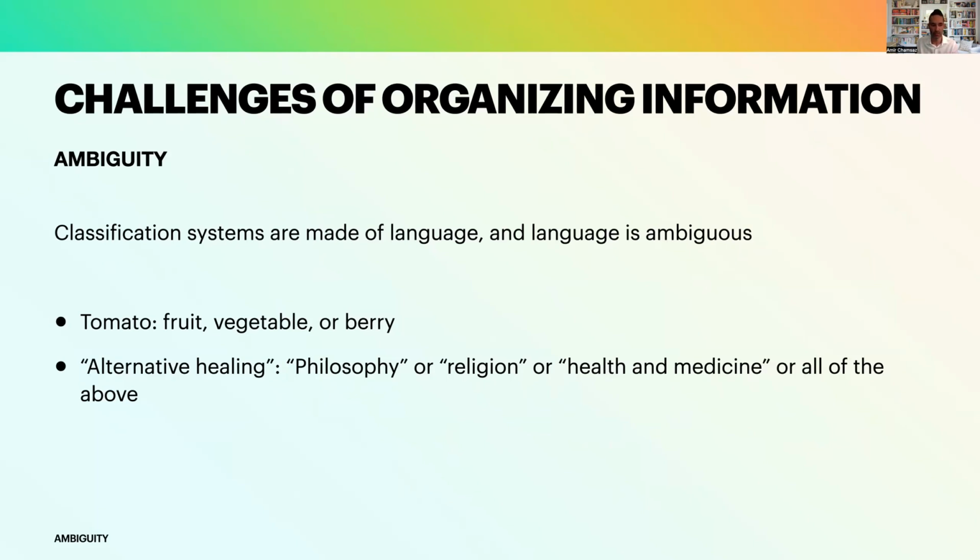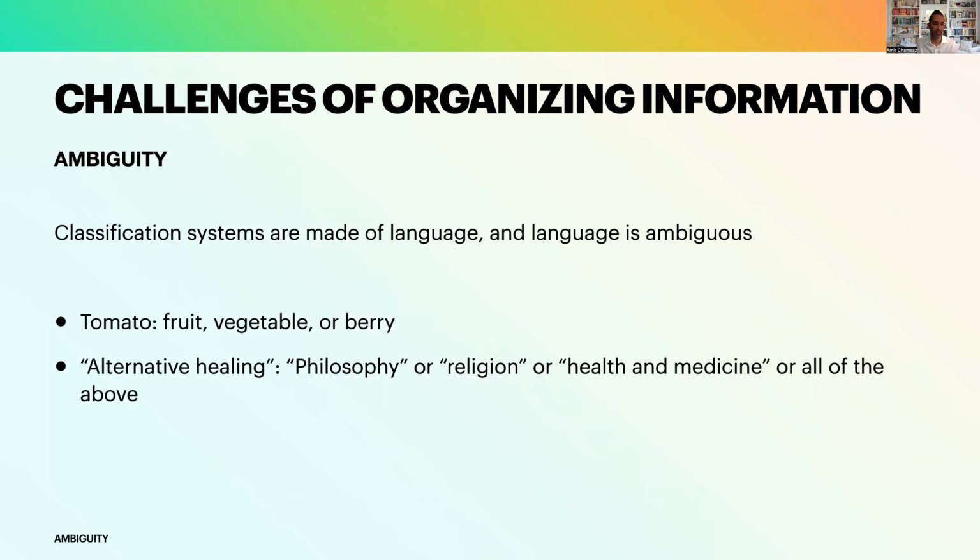Like a word like tomato, it could be categorized, grouped as a fruit, a vegetable, or a berry. So when you're designing, let's say, a website for an online grocery store, you need to group and organize it in a way, and it may not be very clear how you would want to organize it.